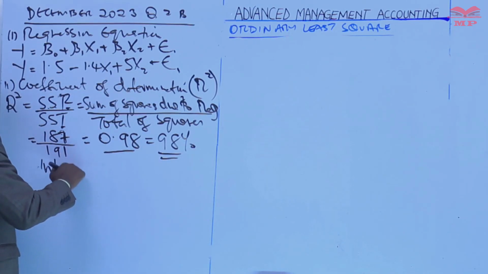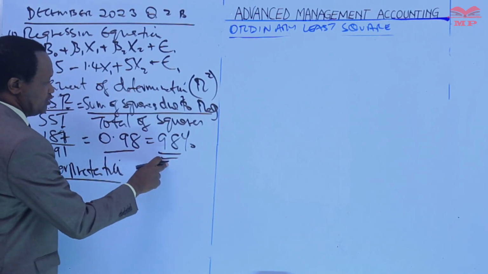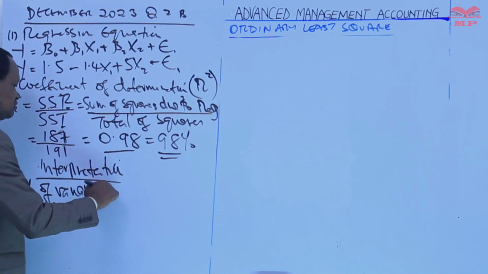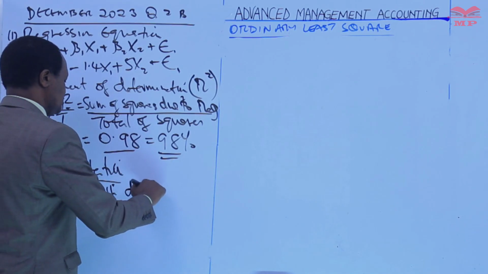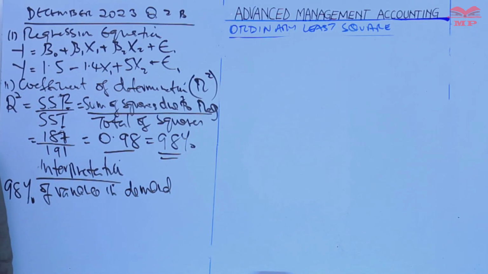Interpretation. Candidates were required to give an interpretation of the r squared of 0.98. 98% of variance in demand, because demand, candidates, is the dependent variable in this question.